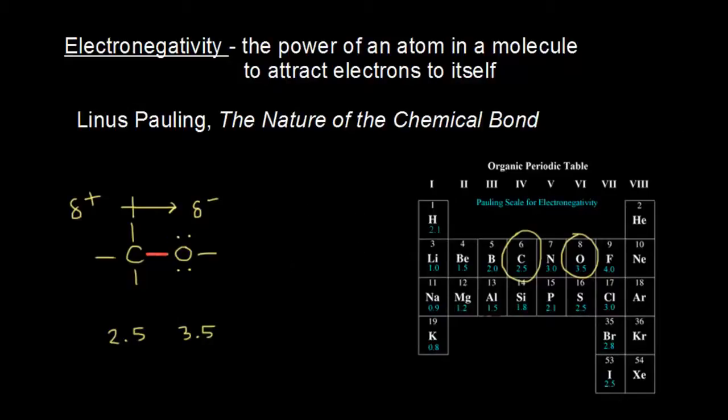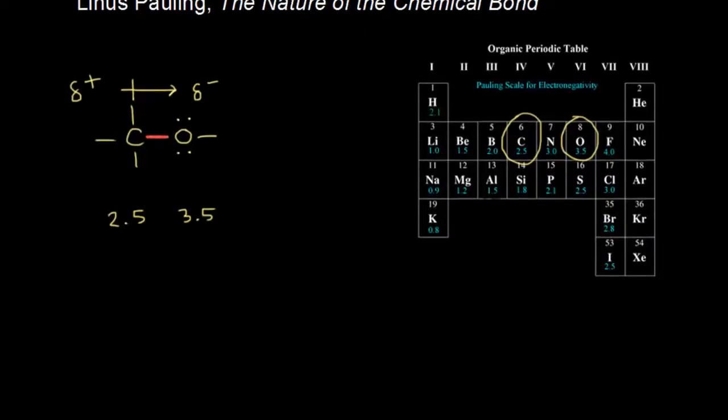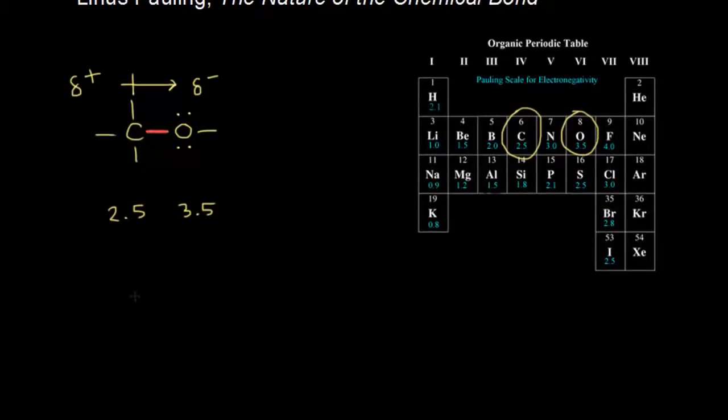Let's do a few more examples here where we show the differences in electronegativity. If we're thinking about a molecule that has two carbons in it, and I'm thinking about what happens to the electrons in red, well, for this example, each carbon has the same value for electronegativity, right? The carbon on the left has a value of 2.5, the carbon on the right has a value of 2.5.